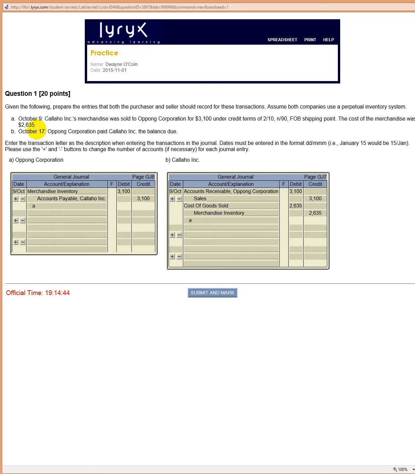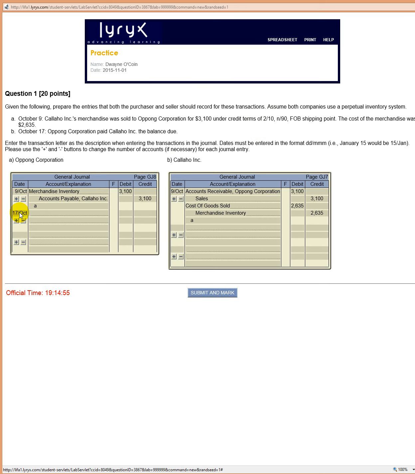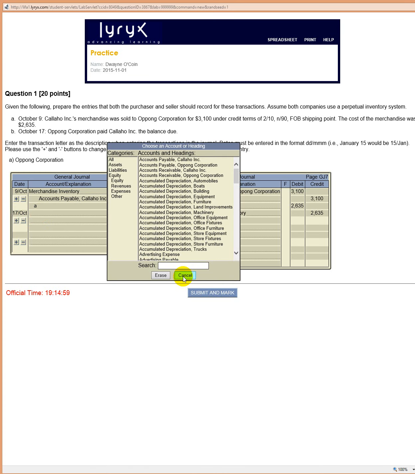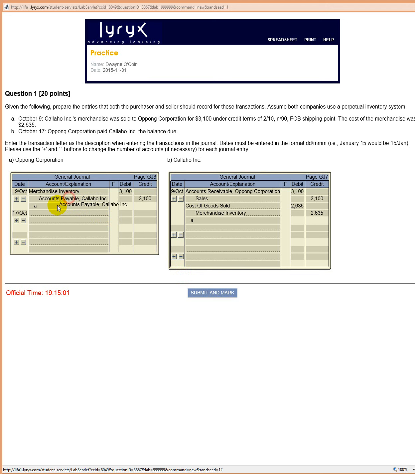Then October the 17th, Opong paid the balance due, and it's within the 10-day discount period. So that means they're going to pay a reduced price. The accounts payable goes down by the entire amount. I guess we could just drag that, couldn't we? Accounts payable goes down by the full $3,100, but the cash we pay is a little less than that.